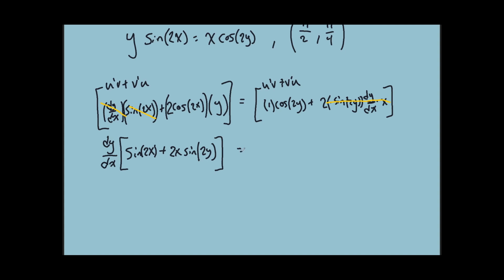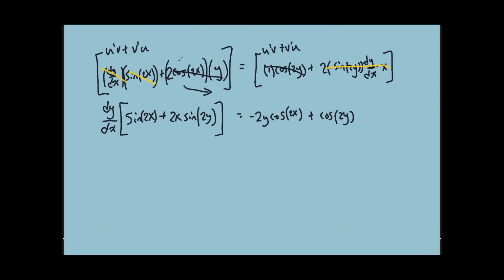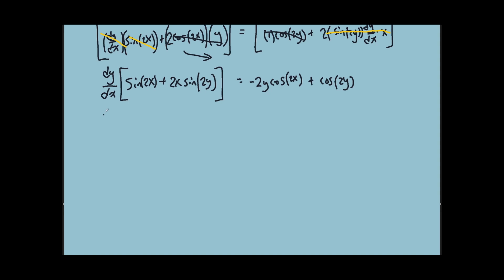And we'll put the other stuff on the other side. So let's move this guy over. We get negative 2y cosine 2x plus cosine of 2y. Let's see that. That would be 2y cosine 2x and cosine of 2y. So okay, good. So we'll divide that out and we'll get our dy dx, which would normally be the end of the problem compared to the last ones.